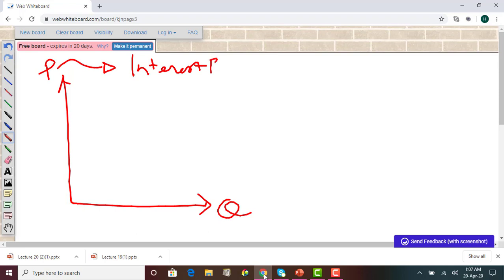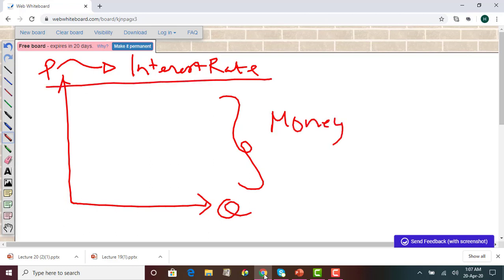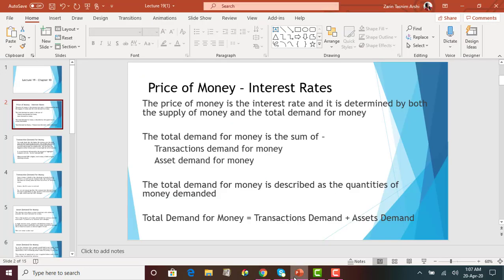Wherever the demand curve and the supply curve intersect will determine your equilibrium interest rate in the market. But let's first look at the demand side of money.